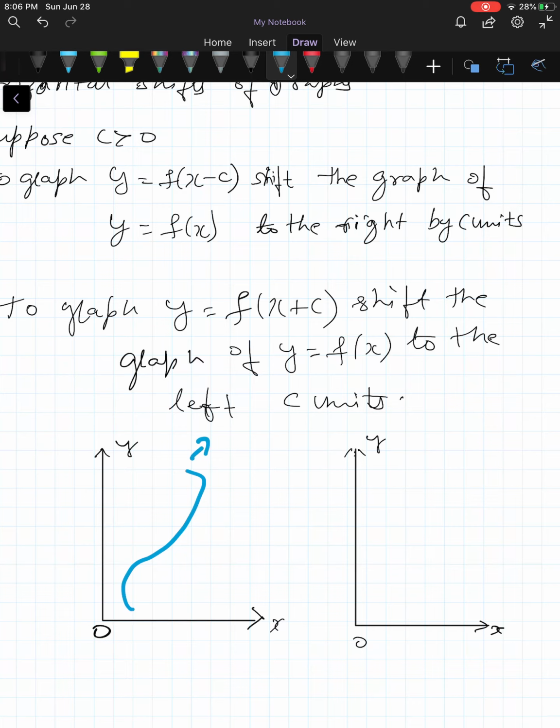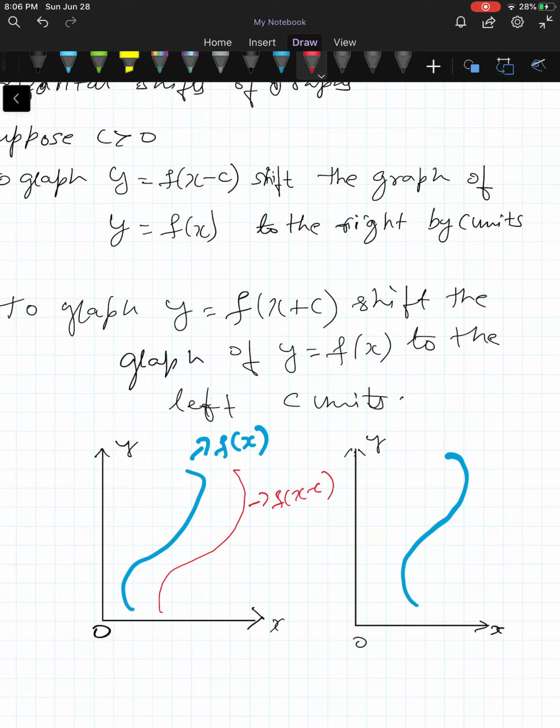Okay, so this is f of x, right? So the same thing applies here also. Okay, f of x minus c would be a shift to the right of the graph. That would be here.